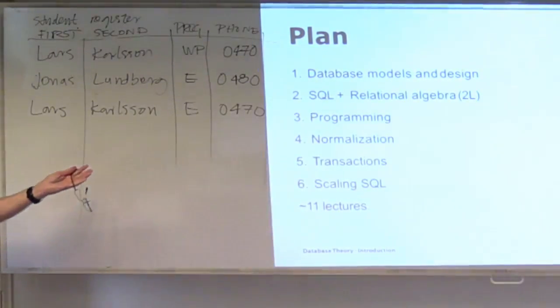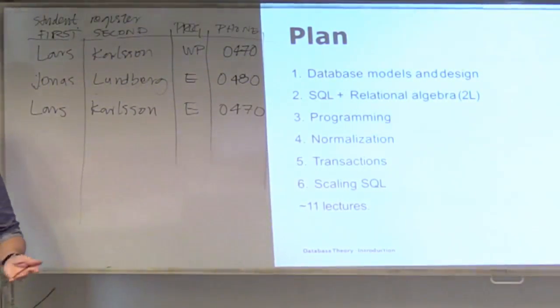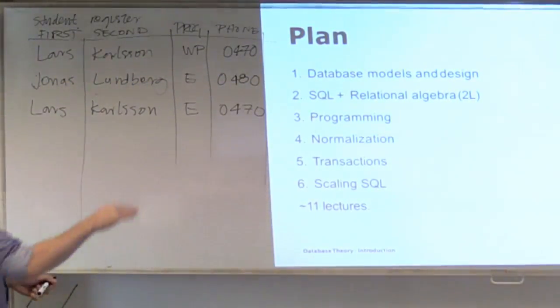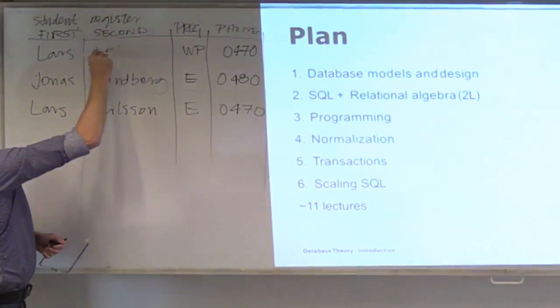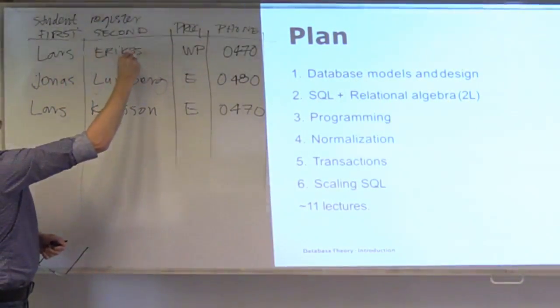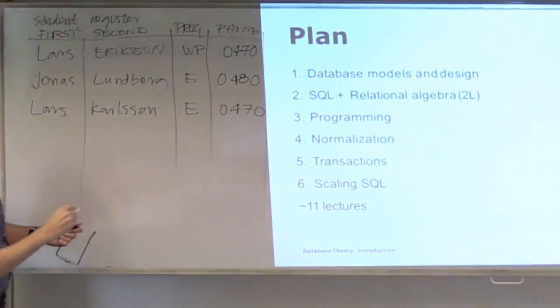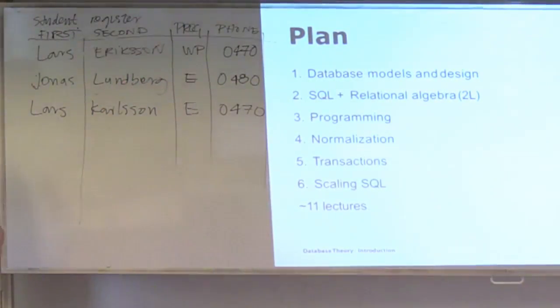Well, that might be fine for now, but once again, what happens if I change my second name? I change my second name into Ericsson, but I forgot to change the second row where my name is. So I, in this case, have two instances of me.